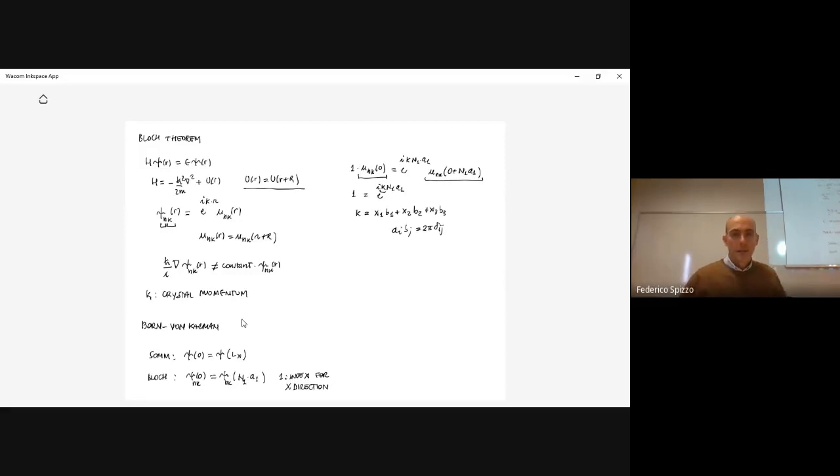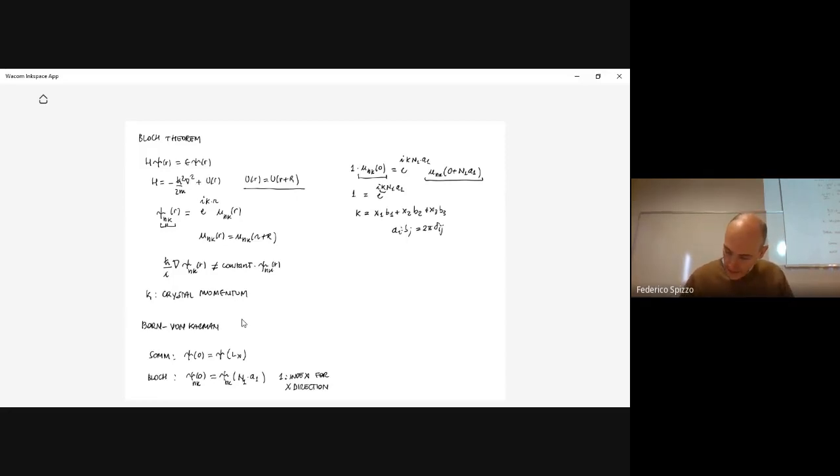There is an equation that relates the primitive vectors in the direct space and the same vectors in the reciprocal space. It is that the scalar product is equal to 0 if the indexes are not the same, and if they are the same, we have 2 pi.